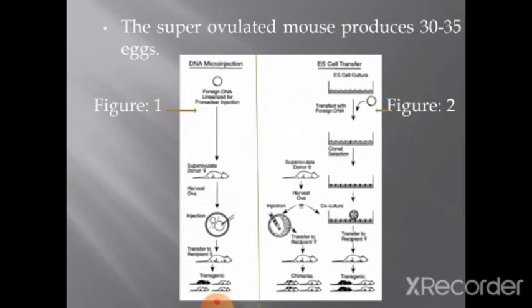So please understand what you did. You will take the fertilized egg. You will identify the male pronucleus and female pronucleus, and through the microinjection technique, you will insert the DNA of your choice into the bigger nucleus, that is the male pronucleus. Then you will incubate that so that you will get a 2-celled stage embryo.